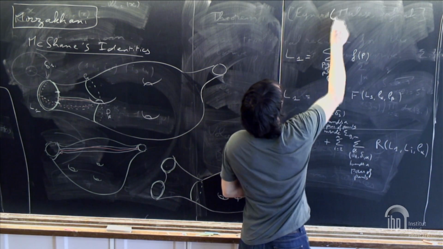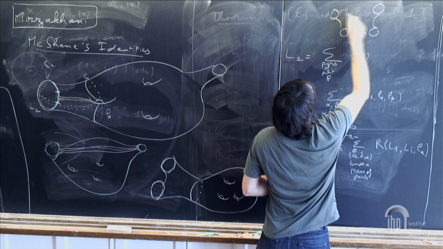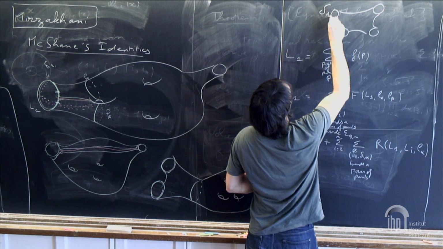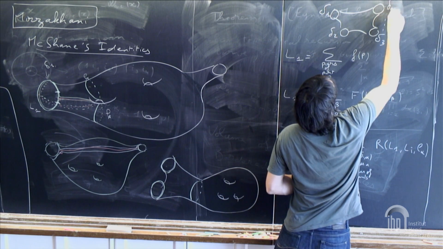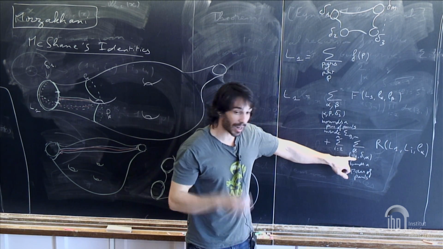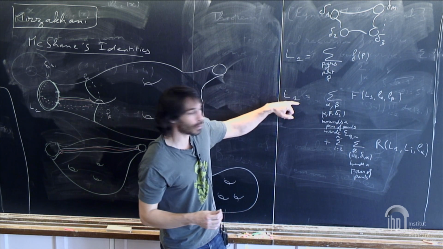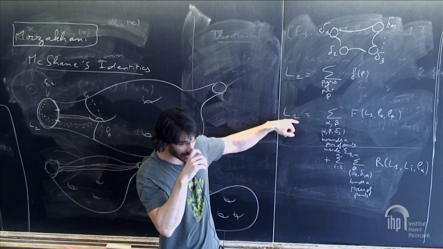So I've got my surface with n boundary components, which I label by delta 1, delta 2, delta 3, to delta n. So I choose this because I want to have an equality, so I want to have L1, which is the length of delta 1.